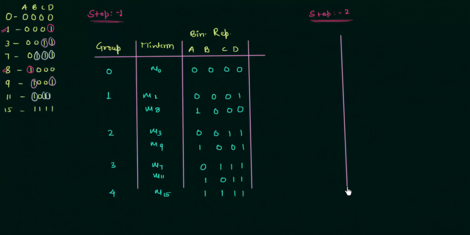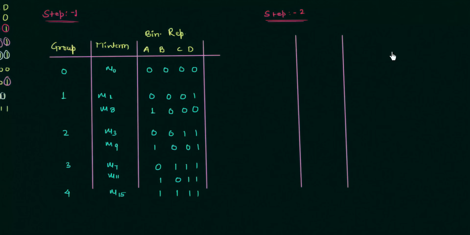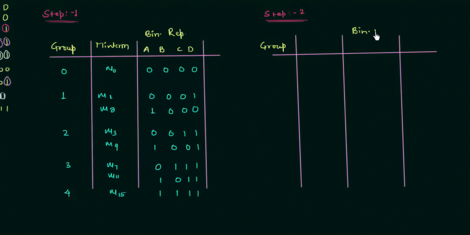So let's make the table quickly. Okay, the first column is for group, the third column is again for binary representation, A, B, C and D.